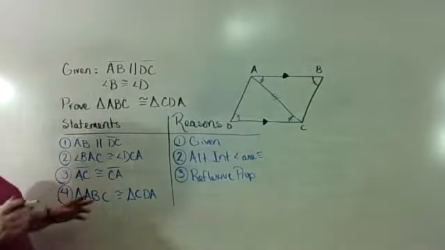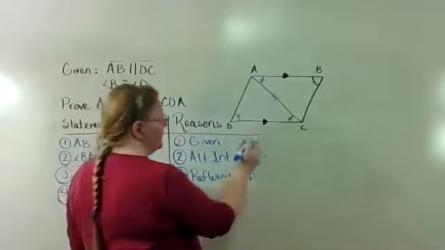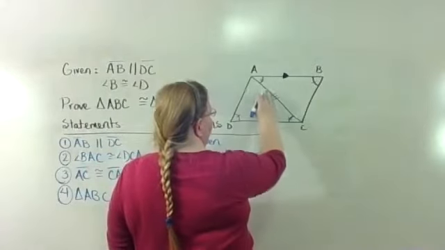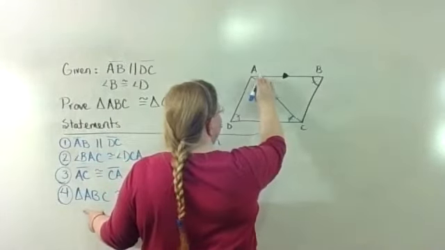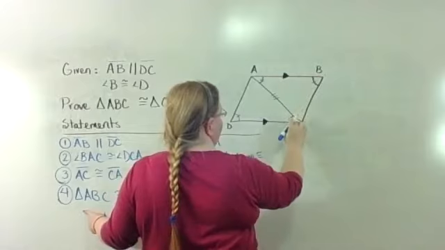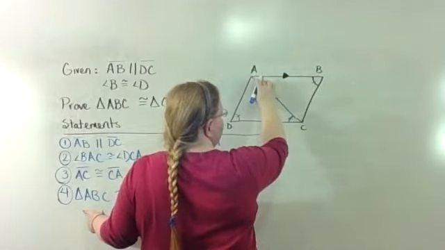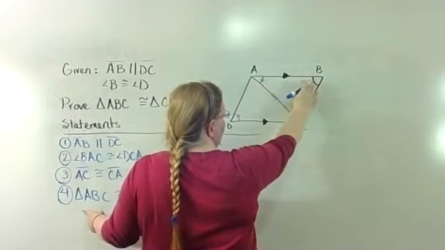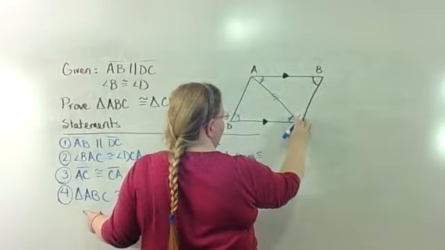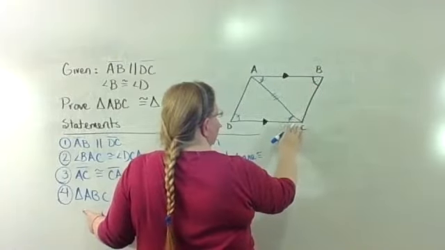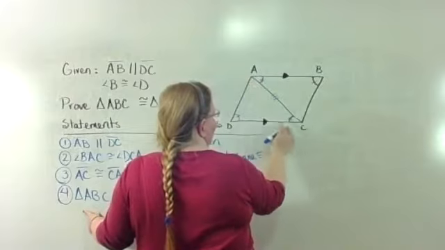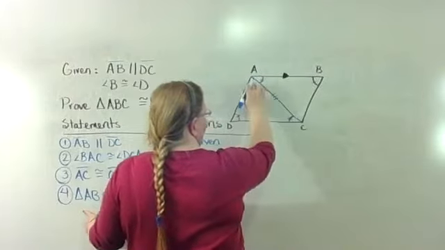Now, if that's the case, triangle ABC, going from my 2 marks to my 1 mark to no mark, has to be congruent to CDA. 2 marks, 1 mark, no mark.